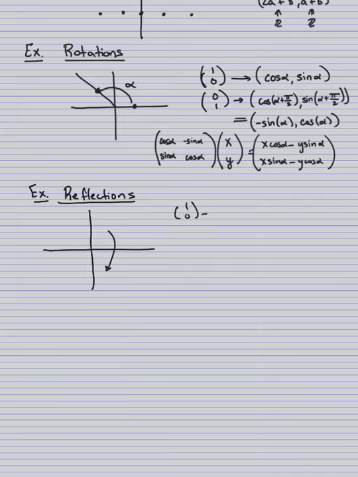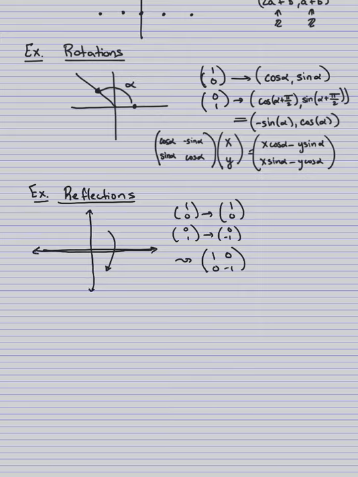This sends (1, 0) to (1, 0) and (0, 1) to (0, minus 1). So we get the matrix with rows (1, 0) and (0, minus 1). So this is a perfectly good linear transformation.